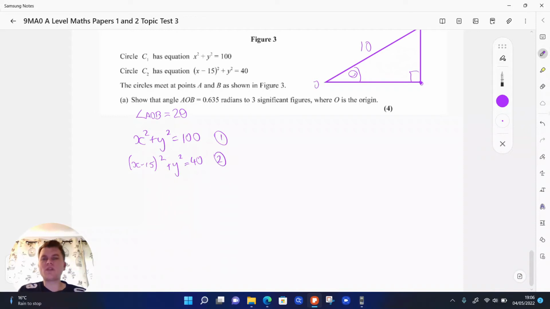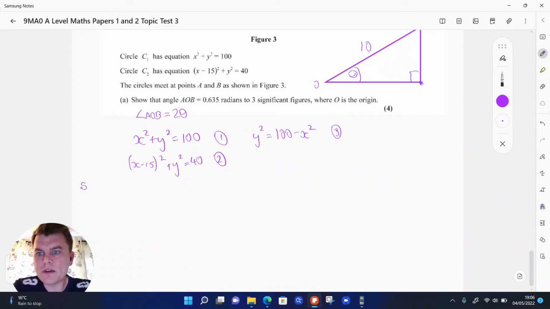We want to find out the x coordinate, so we're going to eliminate y. So we're going to rearrange one of these to either be y equals or y squared equals. It's always preferable to do it with just the easier one to use. So I'm going to rearrange equation 1. And there we have it. We've got y squared equals 100 minus x squared. And that's equation 3.